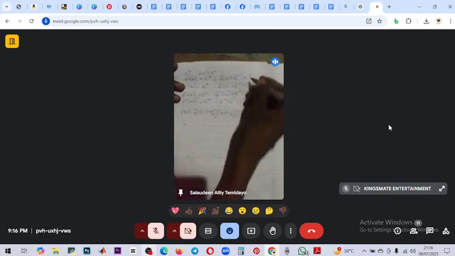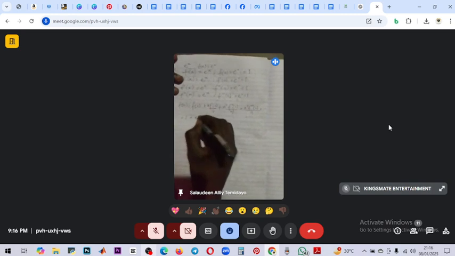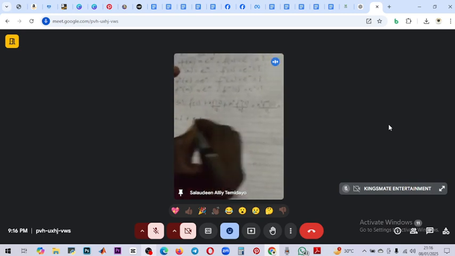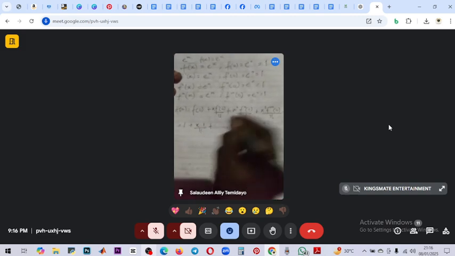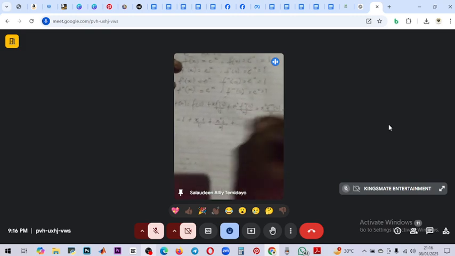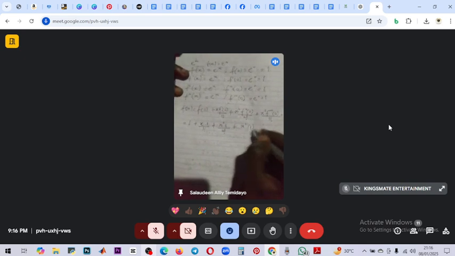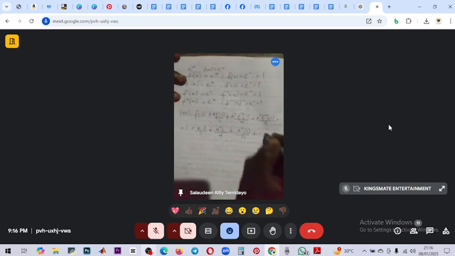So what is f of 0? 1, plus x times f prime of 0, 1, all over 1 factorial, plus x squared times f double prime of 0, 1, all over 2 factorial, plus x cubed times f triple prime of 0, still 1, all over 3 factorial, to infinity.